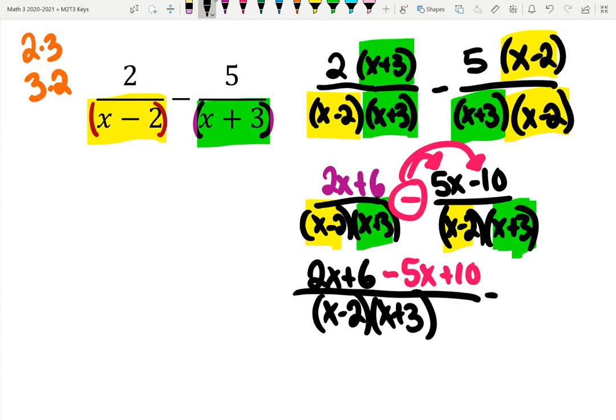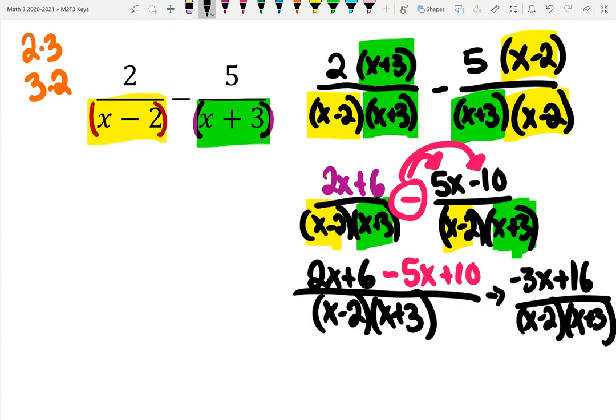I'm going to clean this up, and it's going to be negative 3x plus 16 all over x minus 2, x plus 3.